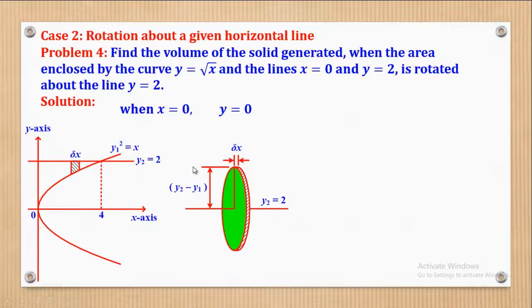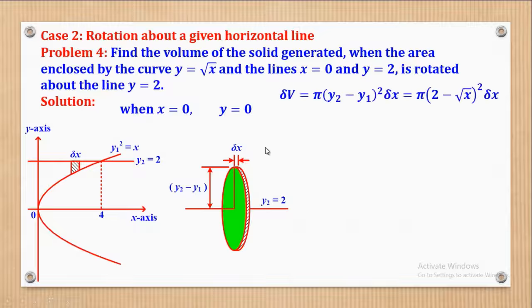Now this radius is the difference: from 0 to this, it is y2, and from 0 to here it is y1. Therefore the difference between the two becomes our radius, which is y2 minus y1. So this is the elementary disk formed by rotation about the line y equal to 2.